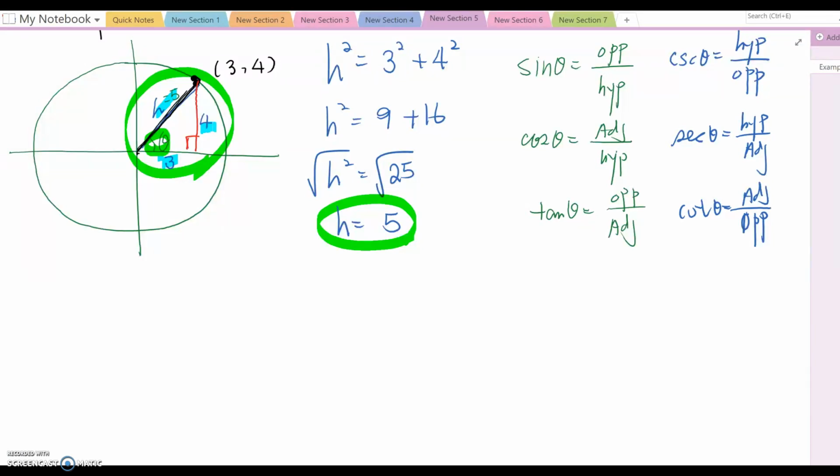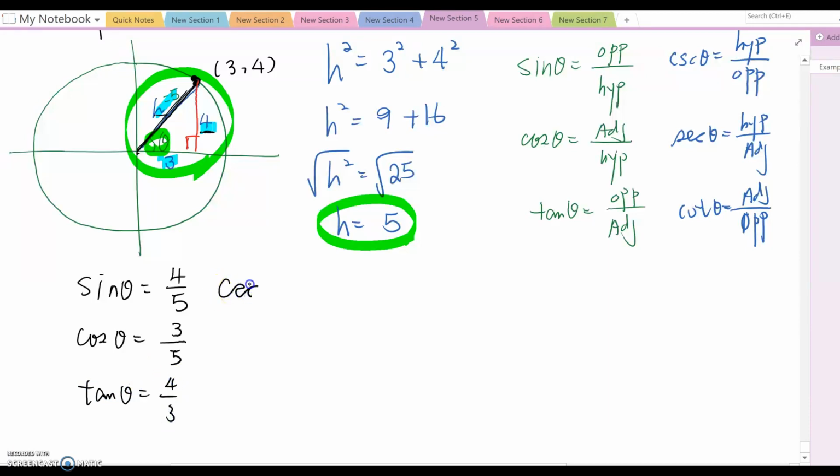So, sine theta means 4 over 5 because this is the opposite and this is the hypotenuse, cosine theta means 3 over 5, tangent theta means 4 over 3, cosecant theta means 5 over 4, secant theta equals 5 over 3, and cotangent theta equals 3 over 4 like that.